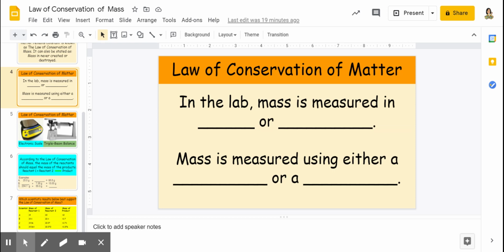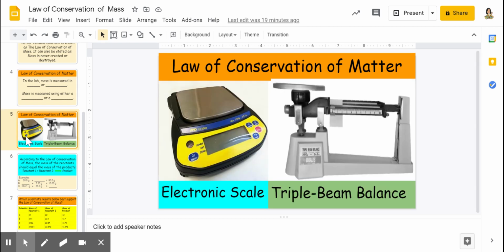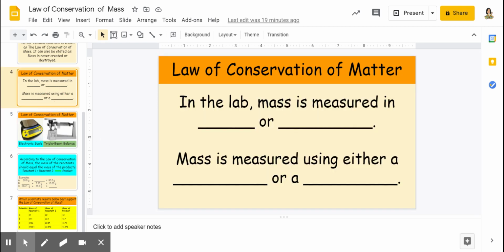Mass is measured using either a triple beam balance, or an electronic balance, or you say a scale.